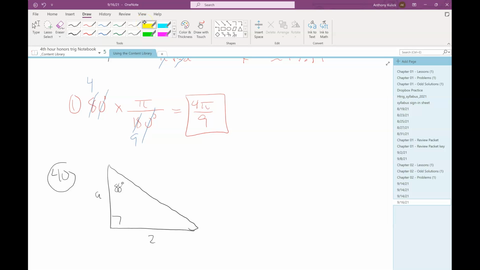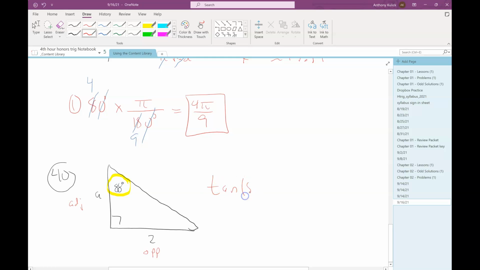So what I'm going to do is think about this angle that I know I have to use, because that's the only angle I know. Relative to that angle, this side is opposite and this side is adjacent. Good with that? Yep. The trig function that involves opposite and adjacent is tangent.